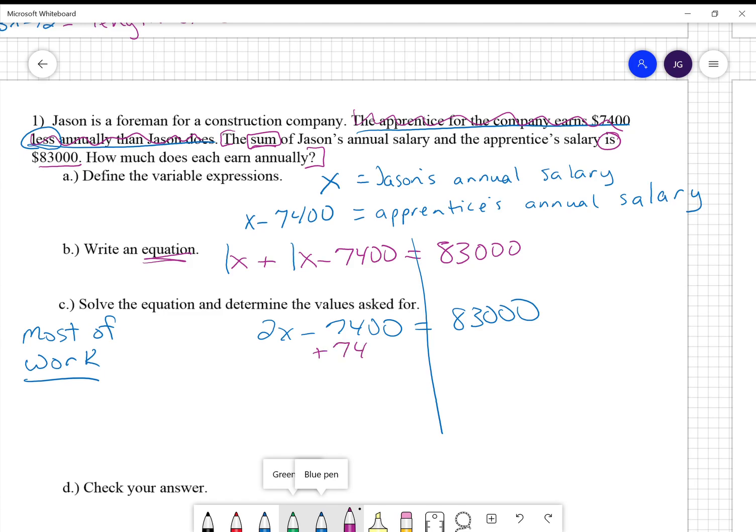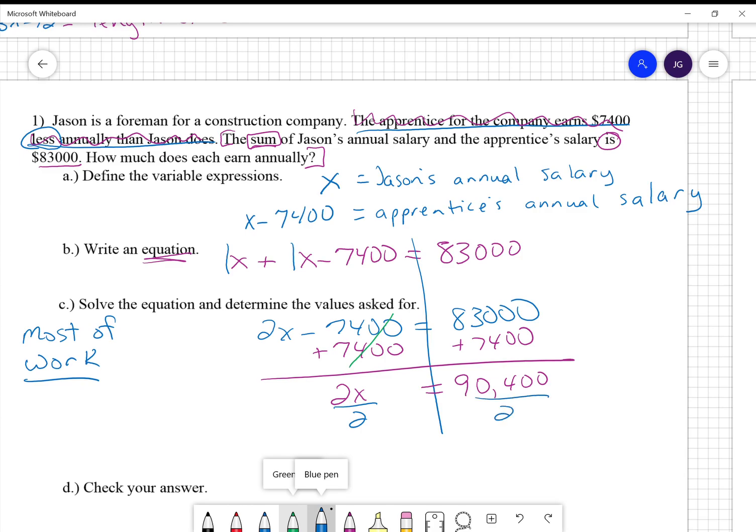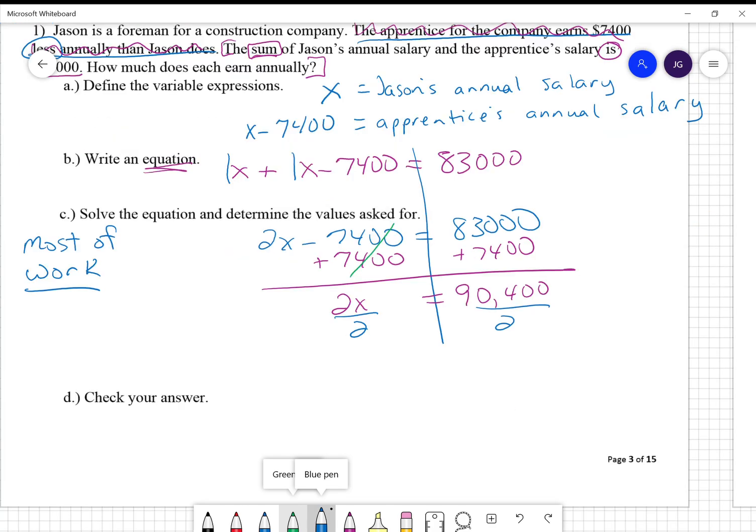Add 7,400 to both sides, and we get 2x, because the 7,400s cancel, equals $90,400. Divide both sides by 2. X equals $45,200.